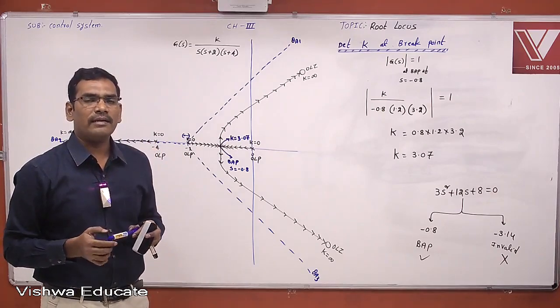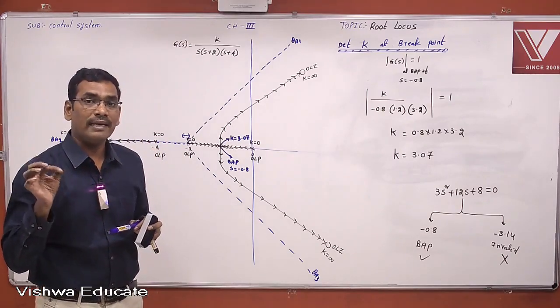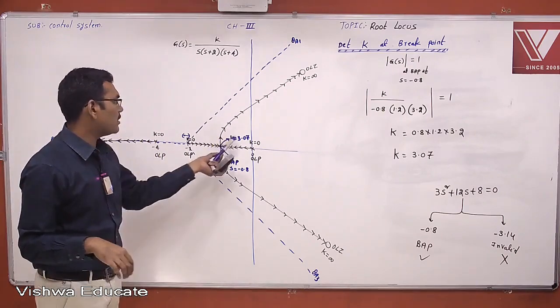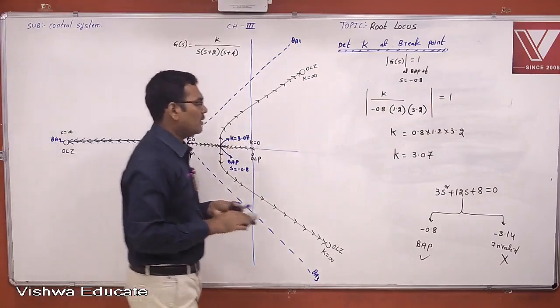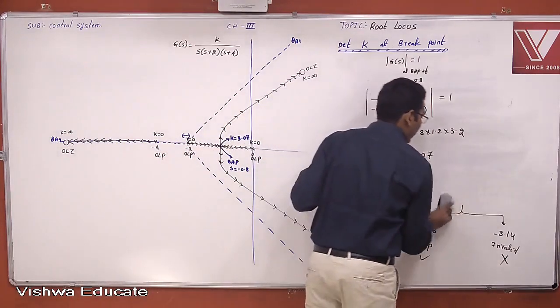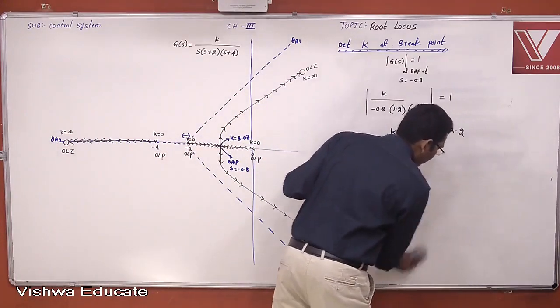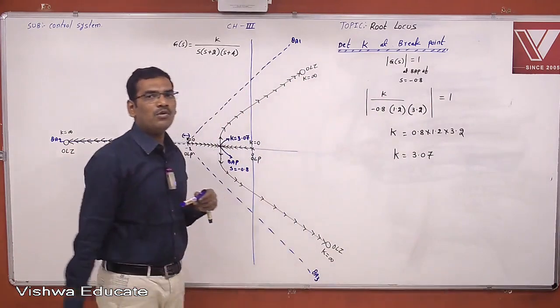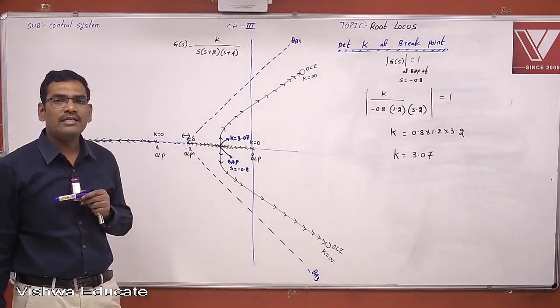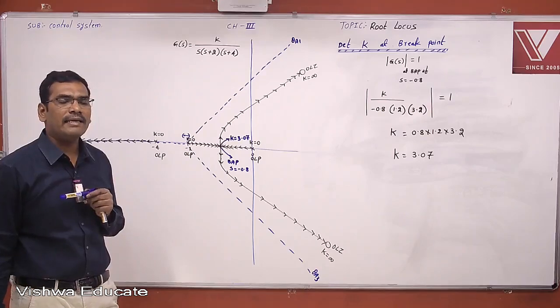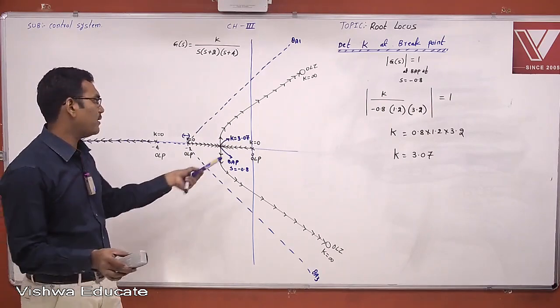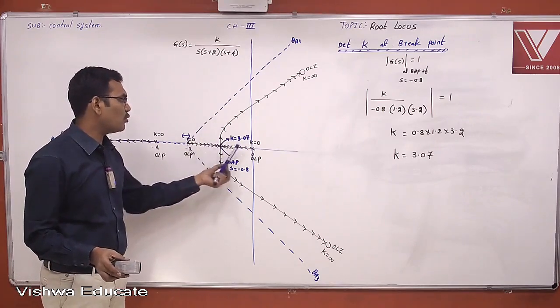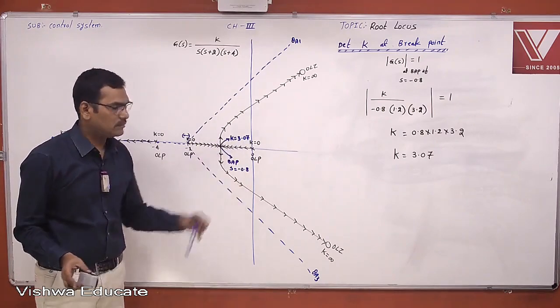That particular point is -0.8. At that point, the gain is 3.07. Now this is simply by using the magnitude condition. You already know that. But one simple note: the magnitude condition is applicable only when the angle condition is satisfied. The angle condition is in turn satisfied because this particular point lies on the root locus branches. No doubt.